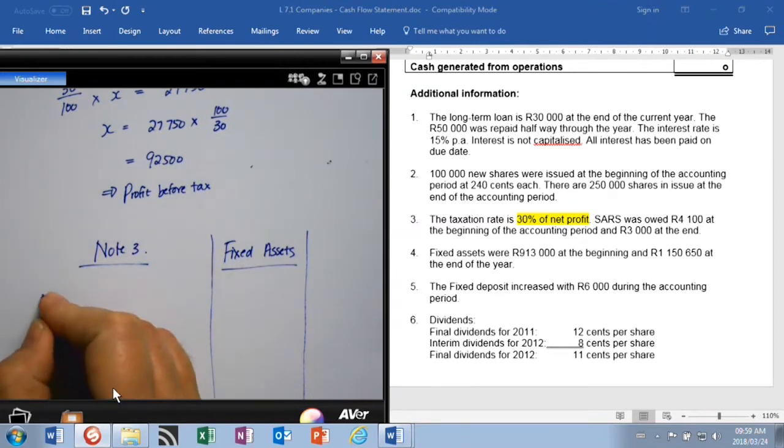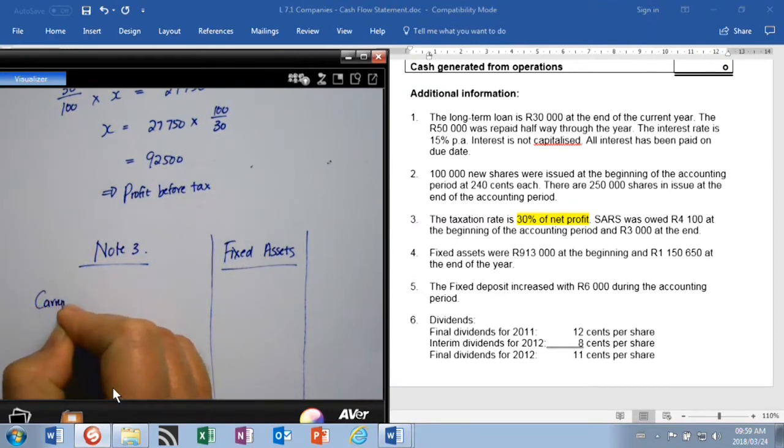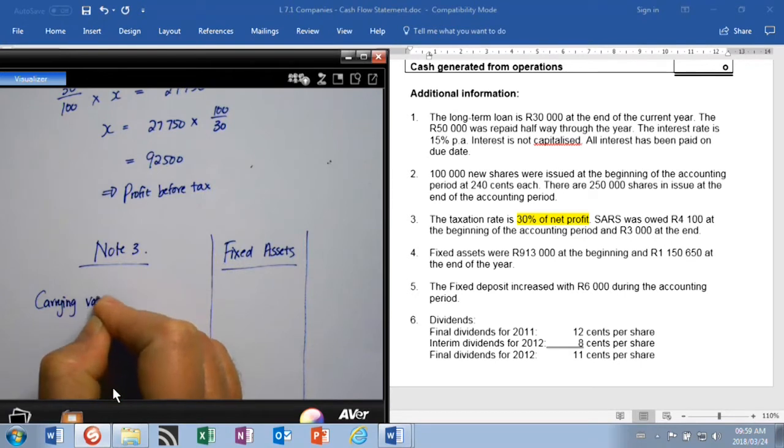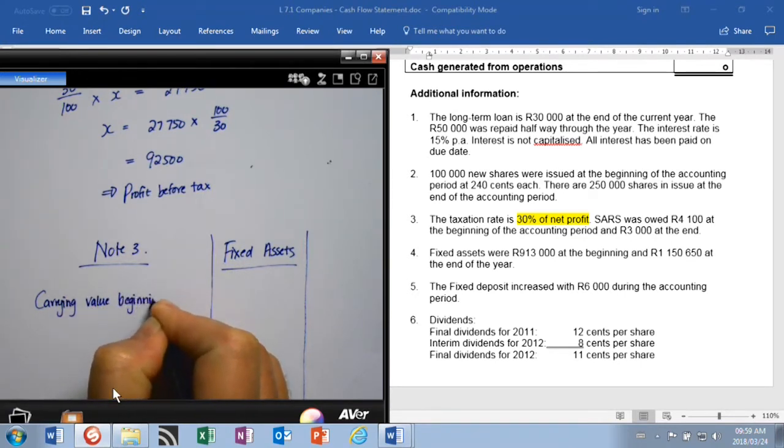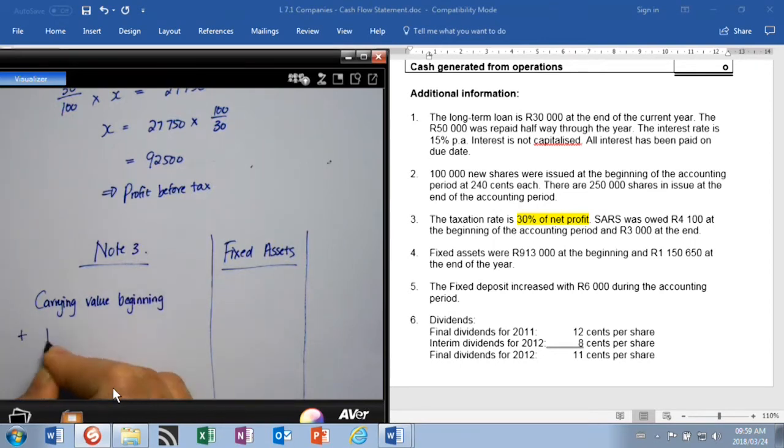We start with carrying value, beginning of the year. Then we say plus additions at cost. Then minus disposal at carrying value. Then minus depreciation.